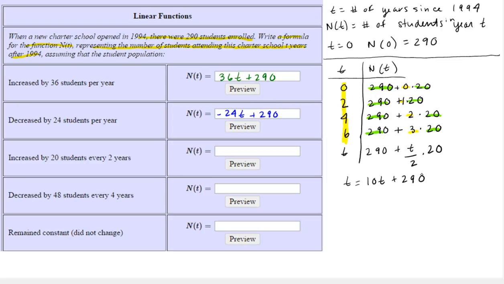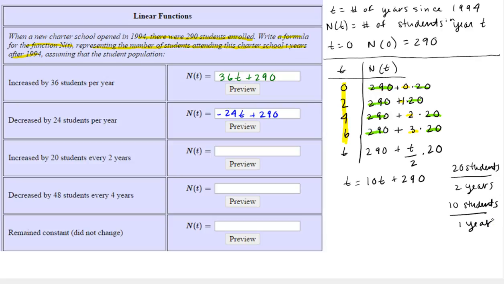Okay. So now we have, in this case, the starting value was 290, and we have a slope of 10. And let's just see why this makes sense. Well, if it increased by 20 students every 2 years, and it's increasing at a constant rate, if we divided these both by 2, we'd get 10 students every 1 year.